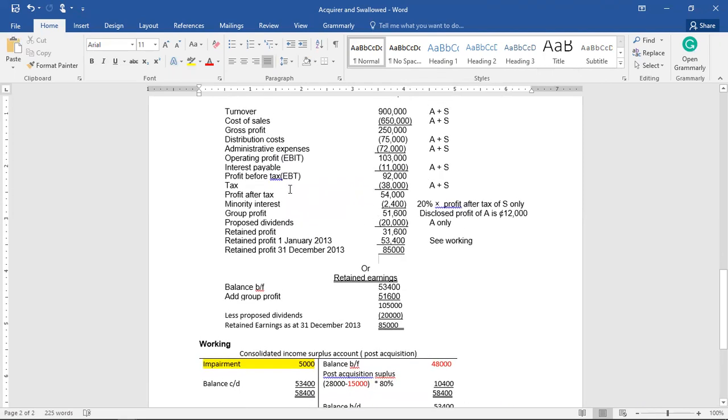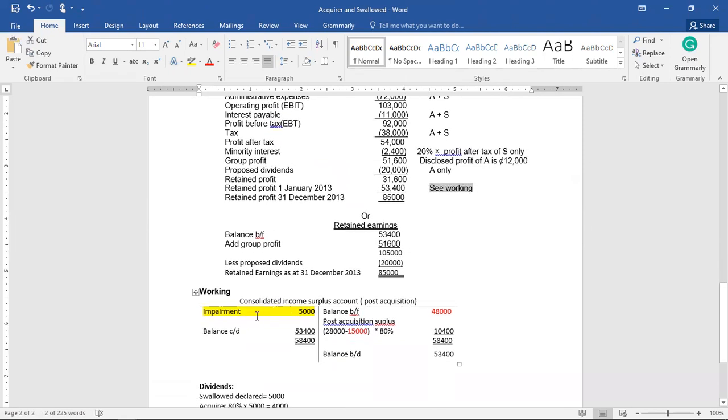Now, once I get my profit after tax, I determine my minority interest, and I've explained how to get this minority interest over here. We said it in class, and I don't think it should be anything difficult for you to do. Then I bring my retained earnings here, and for this retained earnings, I already told you to see the working, meaning I showed working how to get this particular retained earnings.